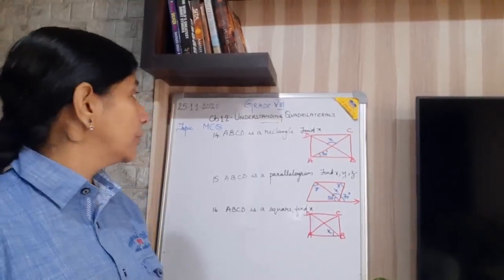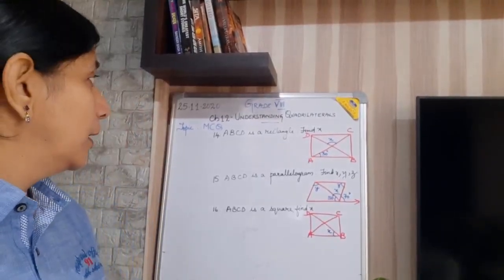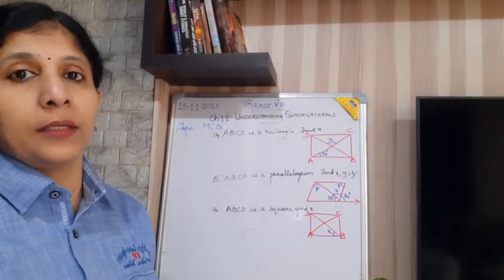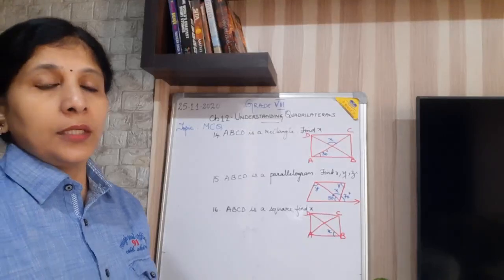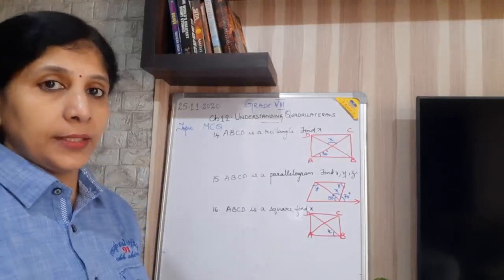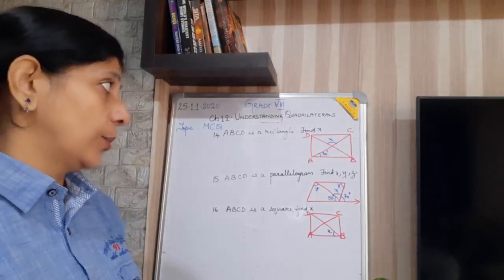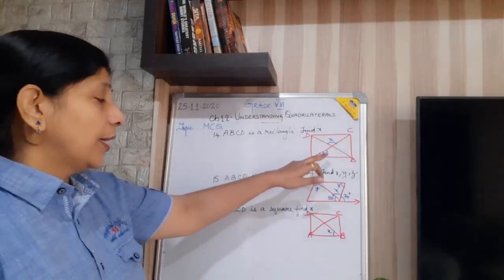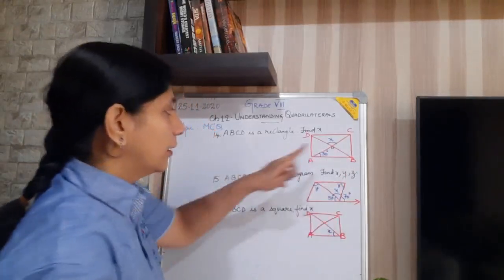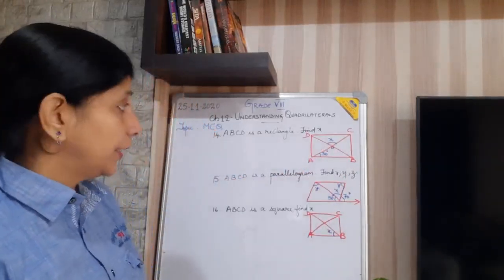We are moving to the next question, question number 14. ABCD is a rectangle. Find x. What are the properties of a rectangle? Opposite sides are equal and each angle is 90 degree. Diagonals bisect each other and diagonals are equal. If I mark this point as O, then angle OAB is 30 degree, that is given.